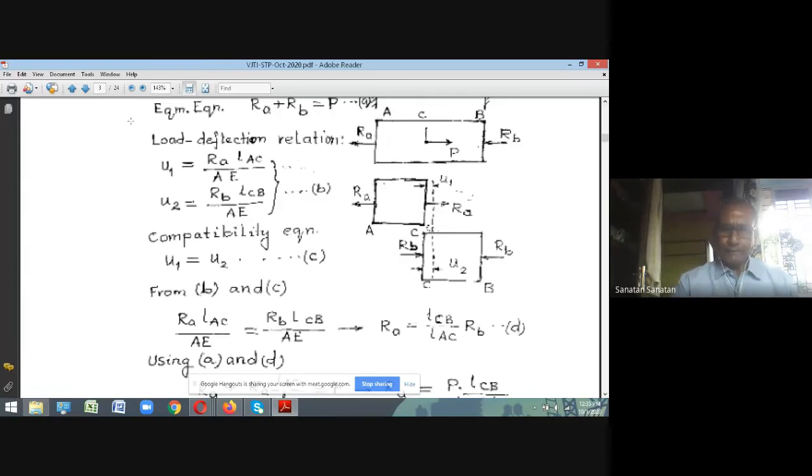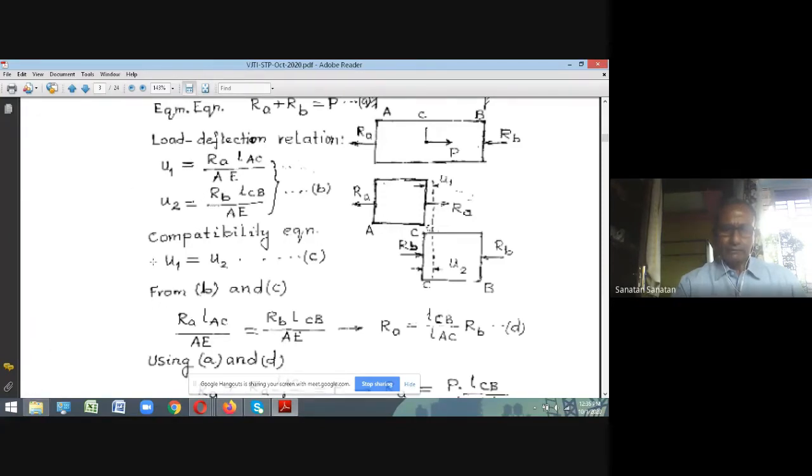Look at this. If you write the deformation of segment AC, U1 is nothing but RA times the length of AC divided by the cross-sectional area times the modulus E. Similarly, U2, the displacement of the segment CB, is nothing but RB times LCB divided by AE.